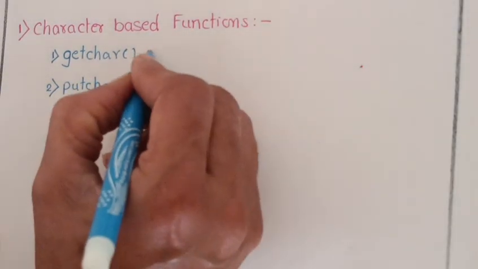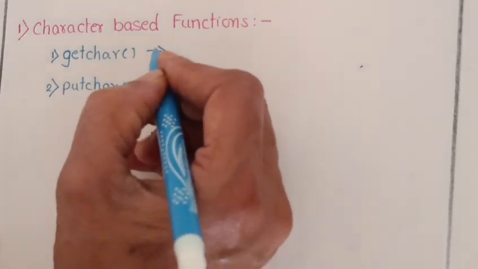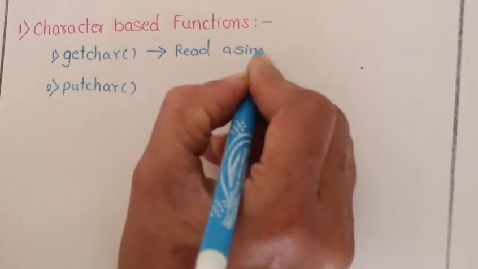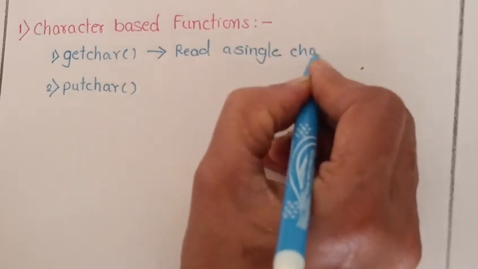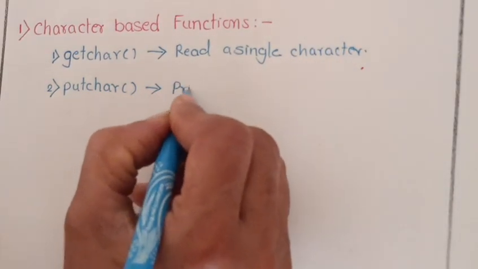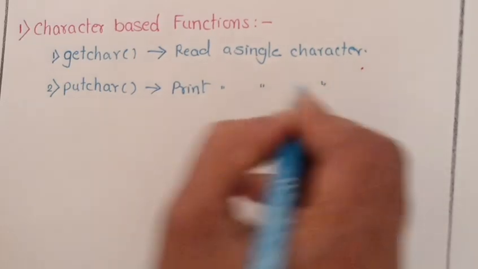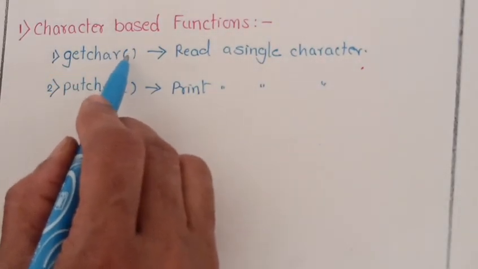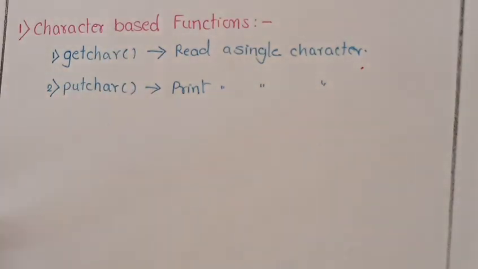The getchar function is used to read a single character, whereas the putchar function is used to print a single character.